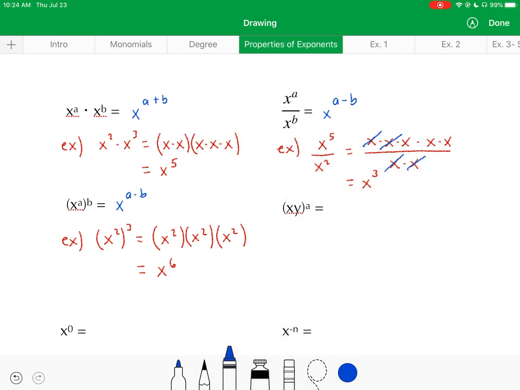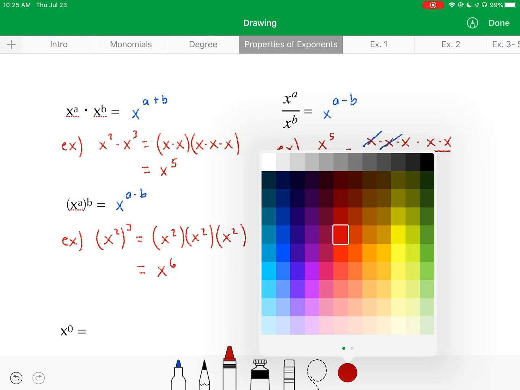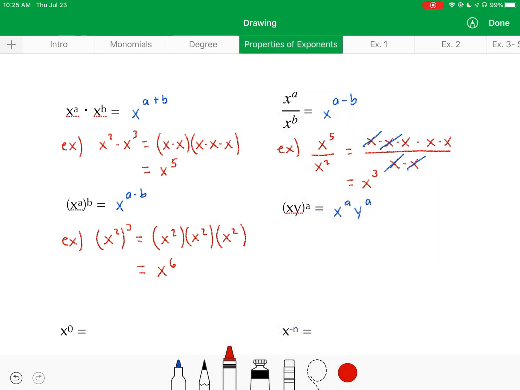Let's say my monomial is made up of multiple pieces. So I have x times y as my monomial, and I raise it to a power of a, then technically both x and y should be raised to that power. An example where this often gets misapplied, let's say my monomial is 2x, and I'm raising it to the third power.